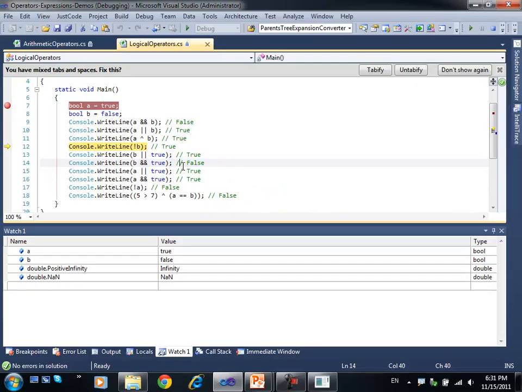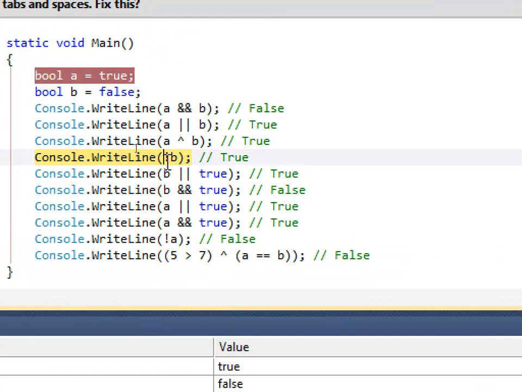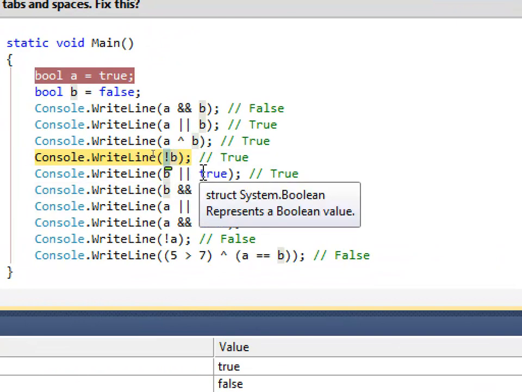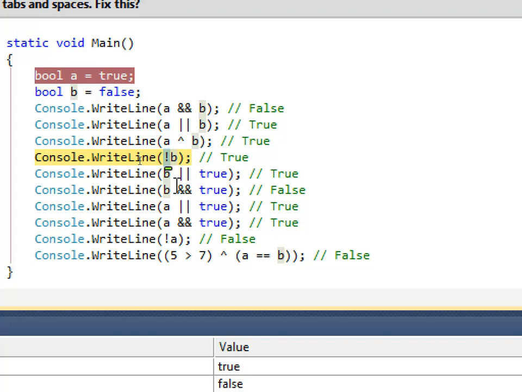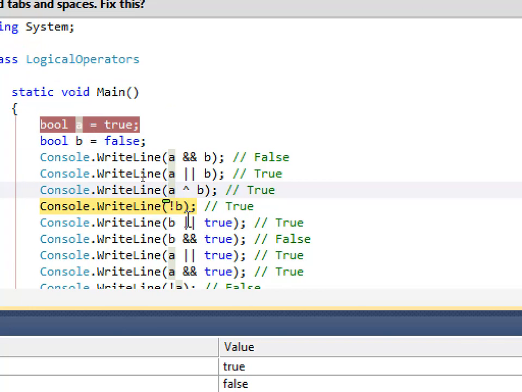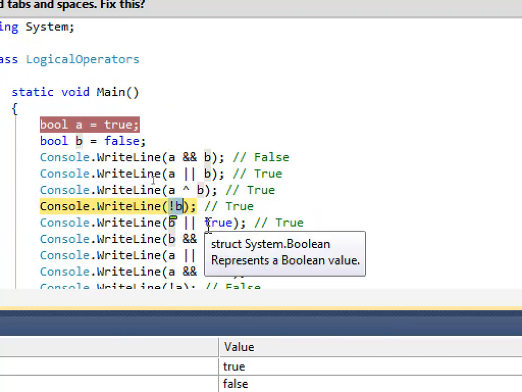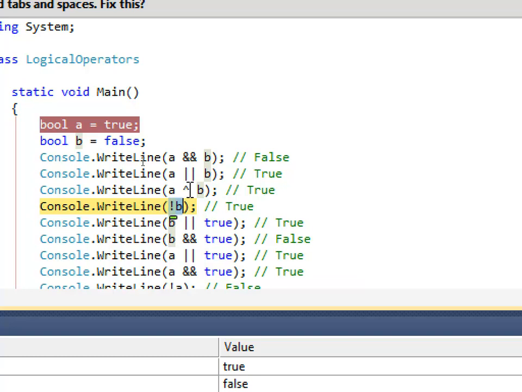The exclamation point takes a Boolean value and reverses it. So if we had false in B, here we'll have not B. This operator is usually referred to as not, and not false is true, so we'll have true.